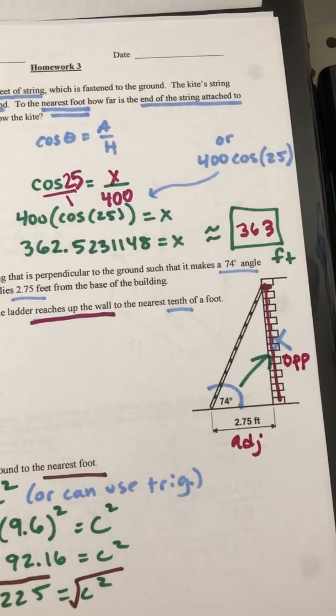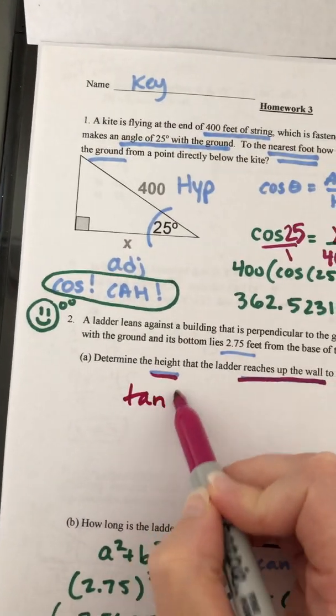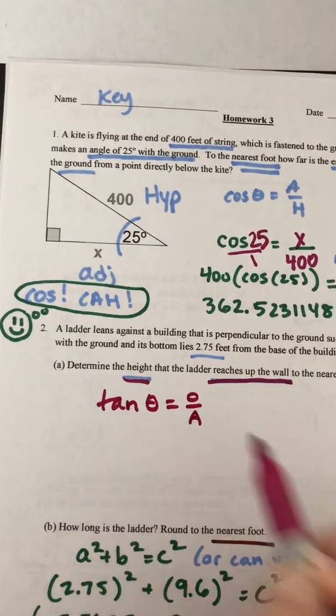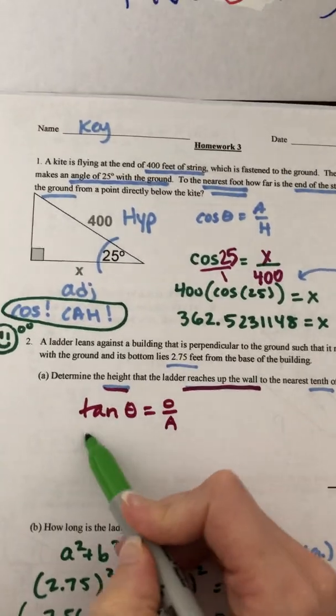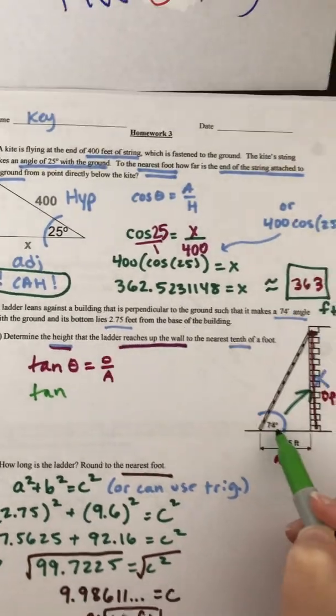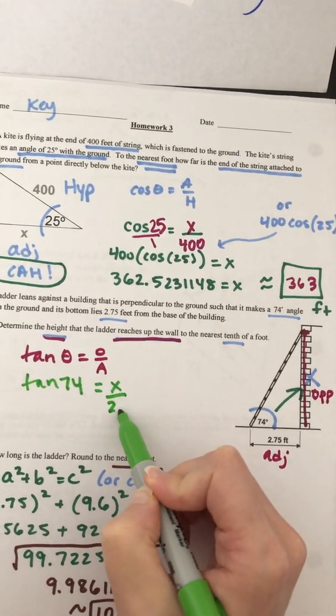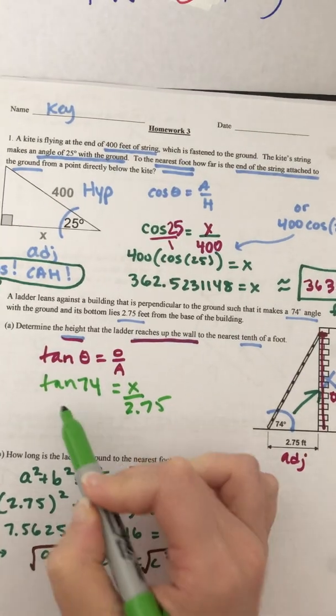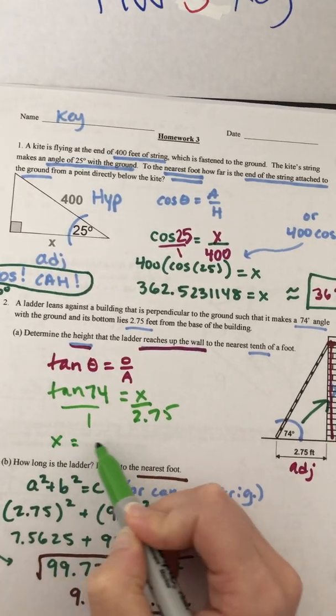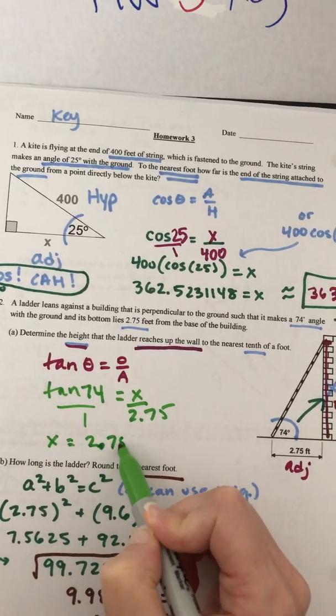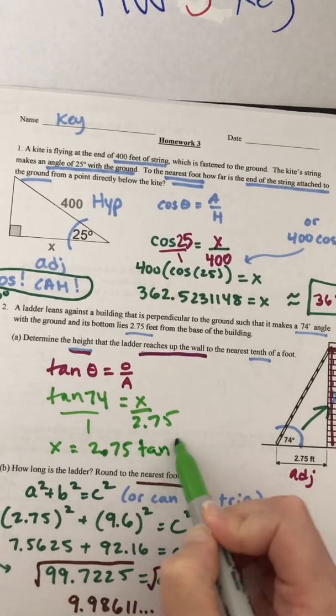If we're using opposite and adjacent, we're using tan theta is opposite over adjacent. Now, the tan is of an angle, that's the 74. The opposite is x, the adjacent is 2.75. Cross multiply, you get x equals 2.75 tangent of 74.